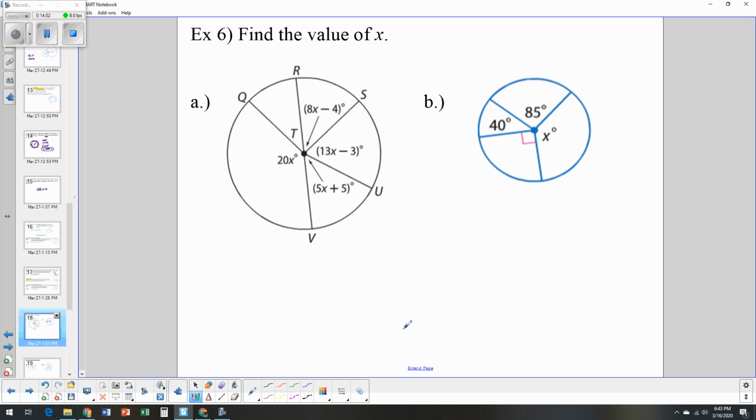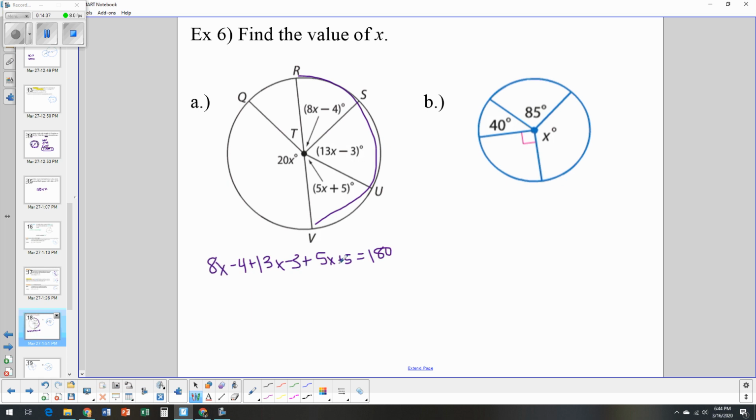All right, so here in our example, really they should tell us that RV is a diameter, because that allows us to know that this whole arc here is half of the circle, or 180. So then I can add together these three pieces. So we're going to have our 8x minus 4, or 13x minus 3, and our 5x plus 5 equals 180.